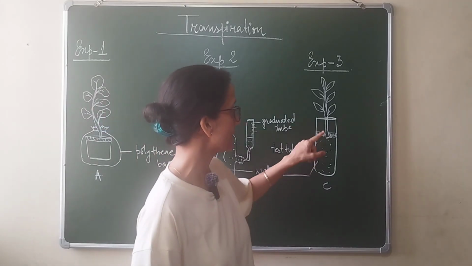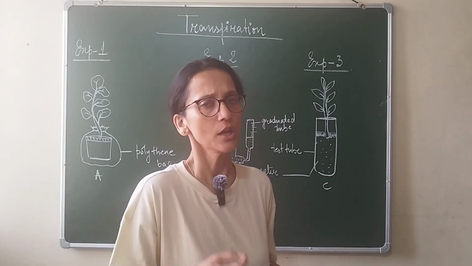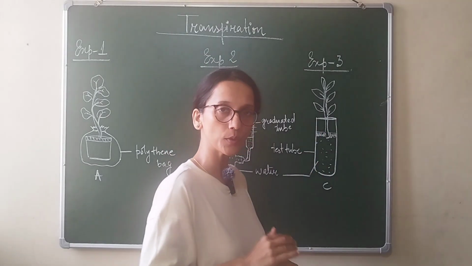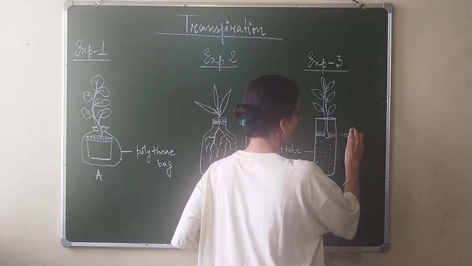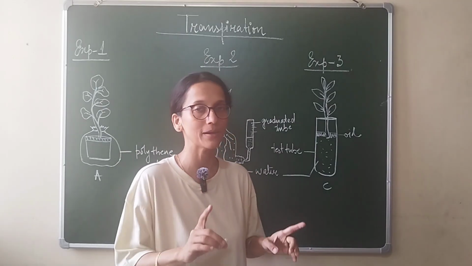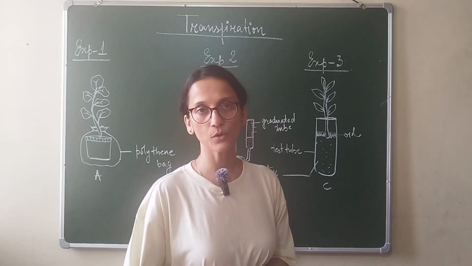The third process is, you take a simple test tube, and you do not have to take a rooted plant here. You can just take a cut shoot of a plant, fill the beaker with water and cover the surface with oil. This is very, very important. Why are we using oil here? Because again, we do not want to lose any water by the process of evaporation. Just to avoid that, we cover the surface of the water with oil.